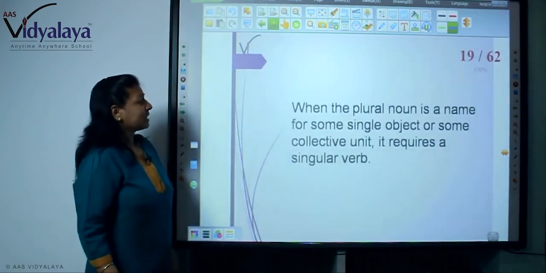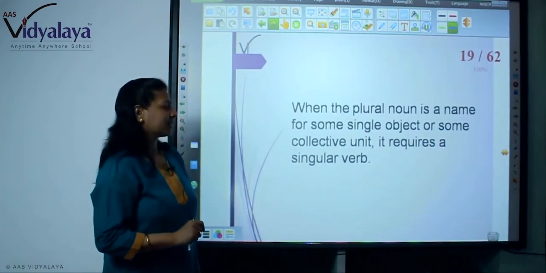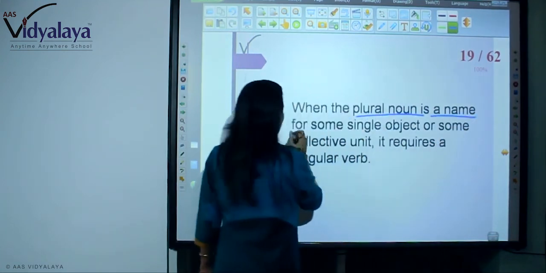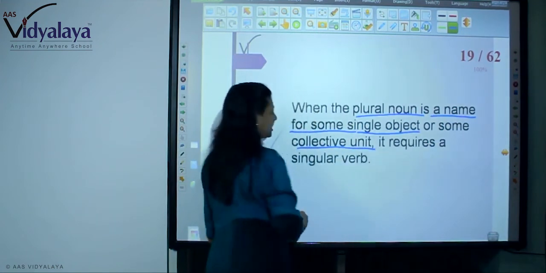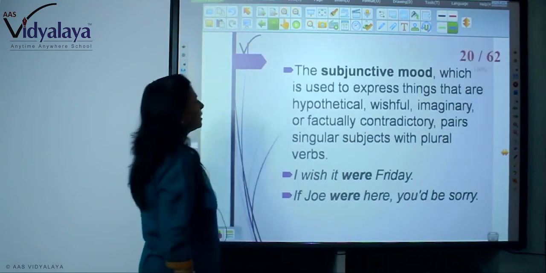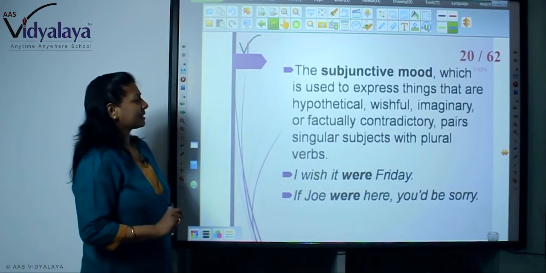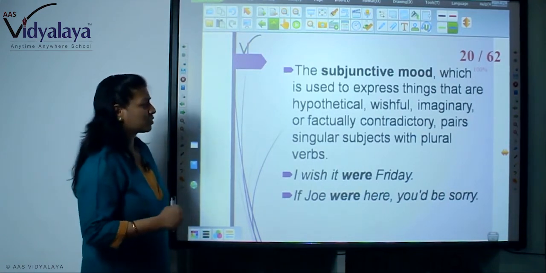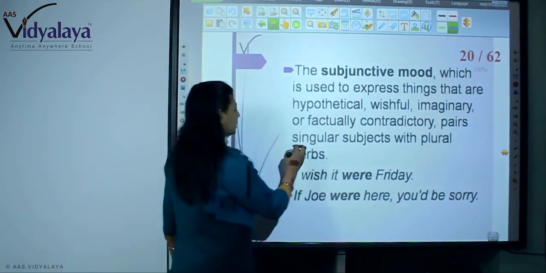When the plural noun is a name for some single object or some collective unit, then only a singular verb is required. Now, the subjunctive mood, which is used to express things that are hypothetical, wistful, imaginary or factually contradictory, pairs singular subjects with plural verbs.